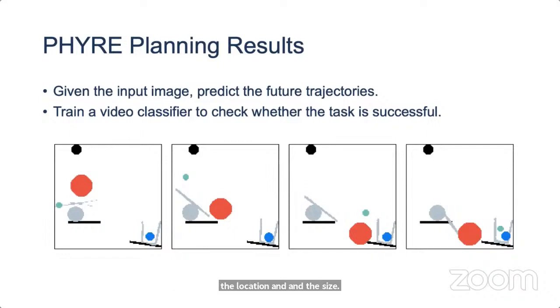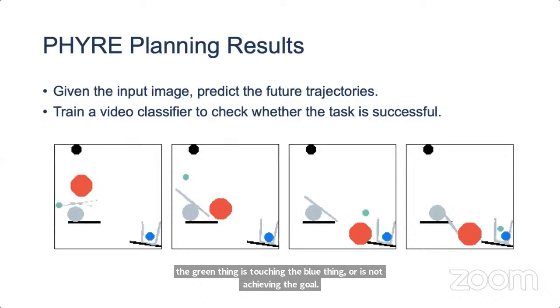We then train a classifier that takes the video as input and outputs whether the task is successfully achieved. It's just a video classification network, classifying between achieving the goal, where the green thing is touching the blue thing, and not achieving it.